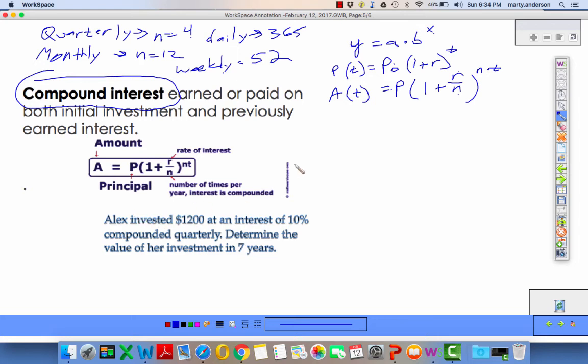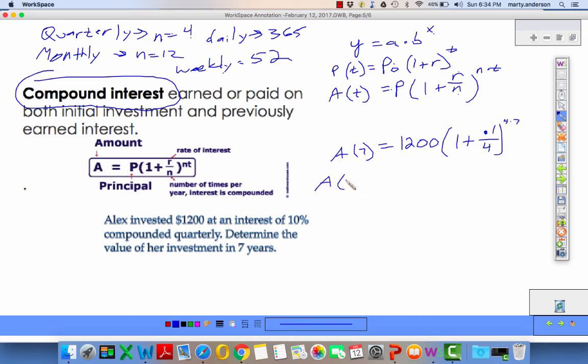So if I was to write this equation, it says Alex invested $1,200 at an interest rate of 10% compounded quarterly. Determine the value of her investments in 7 years. Amount after 7 years. Her principal was $1,200. 1 plus, you got to change your percents to decimals. 0.1 divided by 4 raised to the 4 times 7, or 28th.